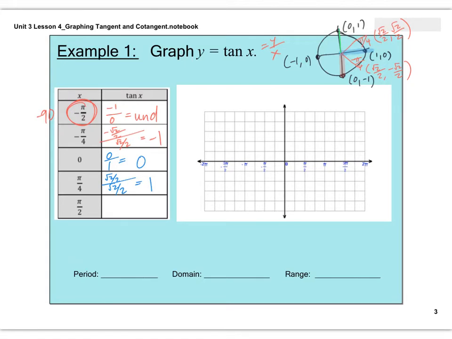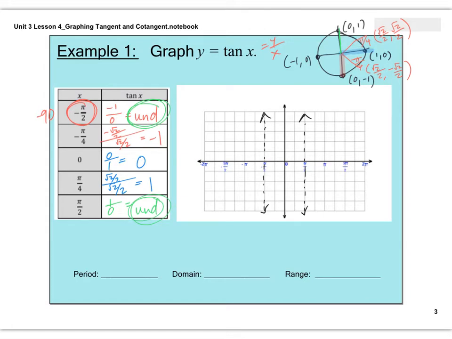Y over x is 1 over 0, which is undefined. Now, remember, when we run into those undefineds, that's when we're going to get our vertical asymptotes. So at negative pi over 2, it's undefined, and so I'm going to draw in a vertical asymptote. And same thing at positive pi over 2.